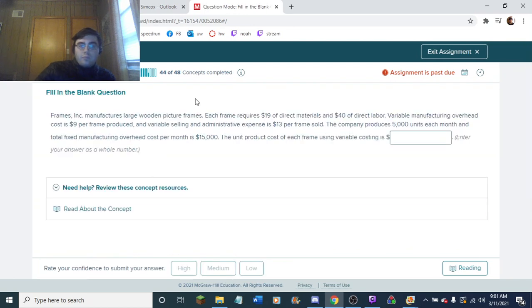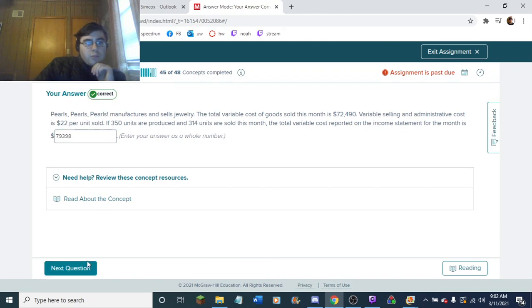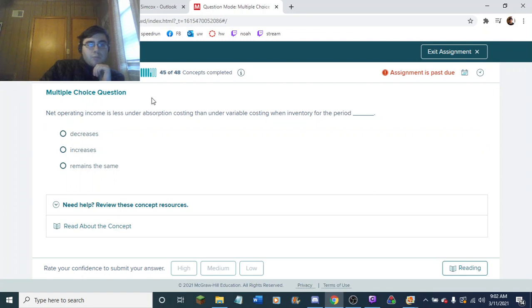Nice. $79,398. Net operating income is less under absorption costing.